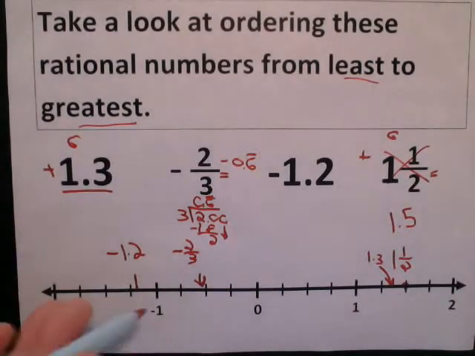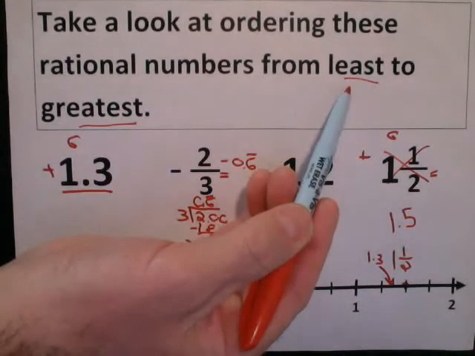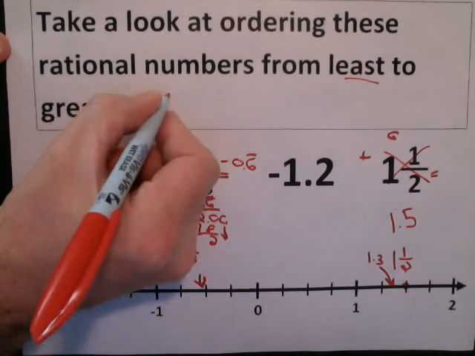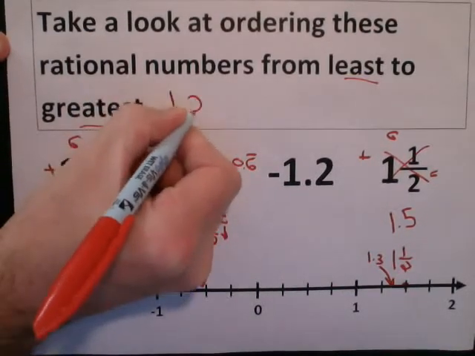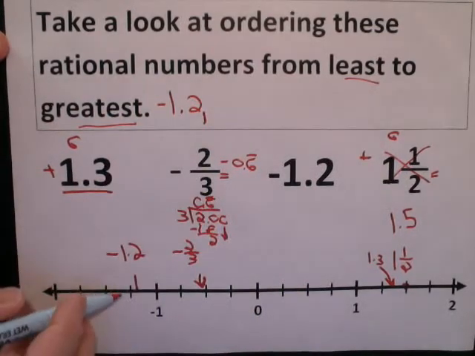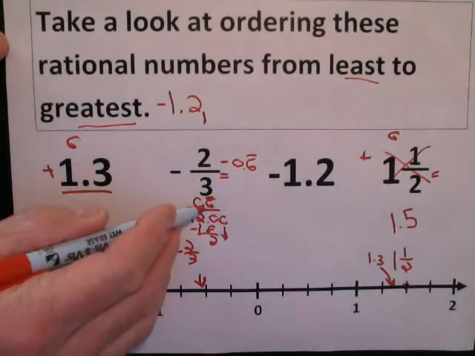And so now we can order these from least to greatest. And we can say our lowest number is going to be a negative 1 2/10. Negative 1 2/10 is our lower number, because it's all the way down here, it has 1 whole unit. This doesn't have a whole unit, it's decimal.